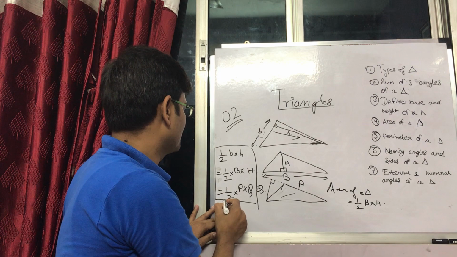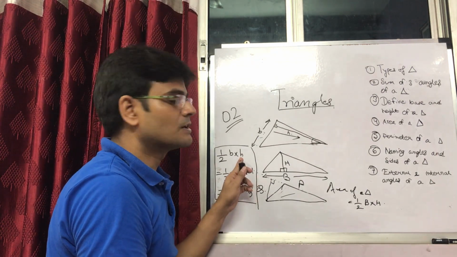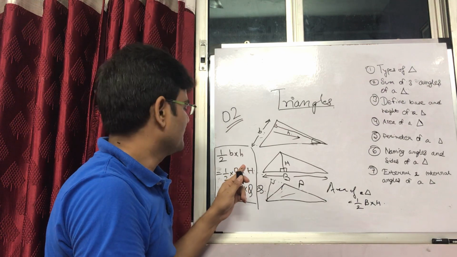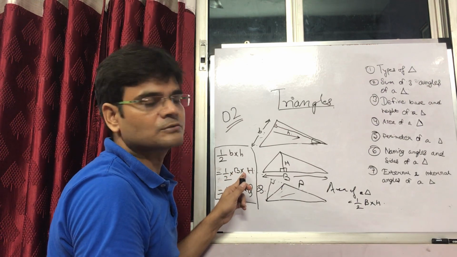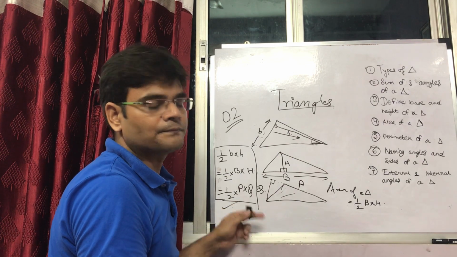This is a very interesting fact. If this value comes out to be say 60 centimeter square, this will also be 60 centimeter square. This also will be 60 centimeter square.